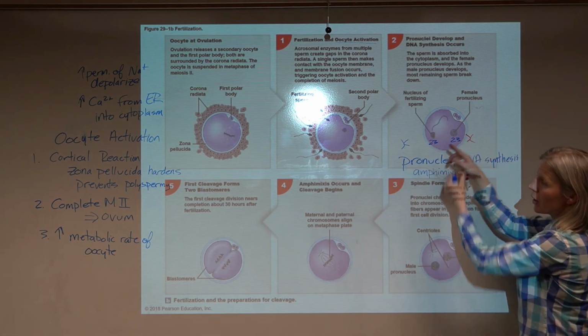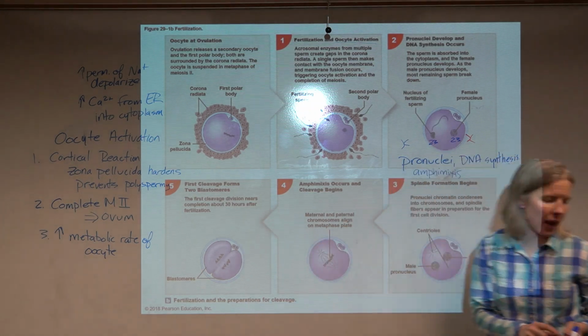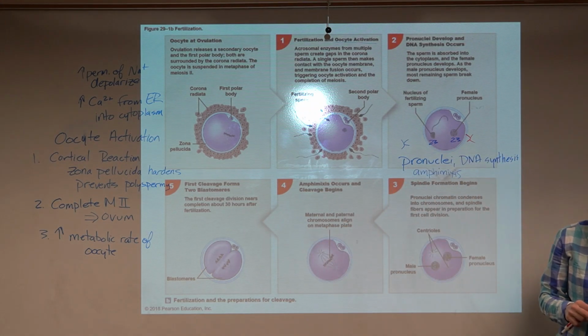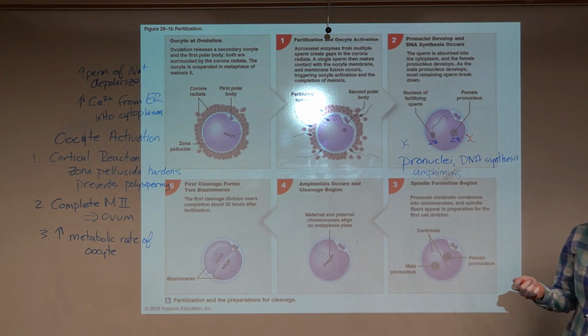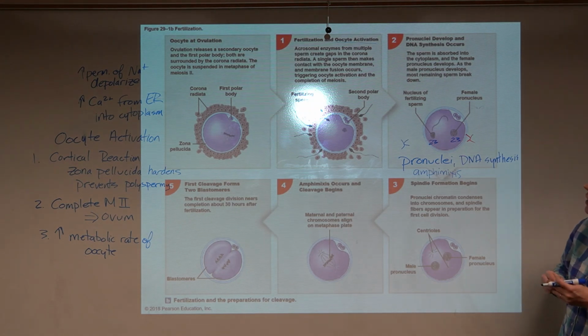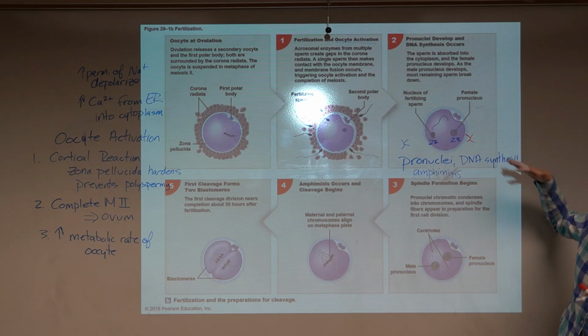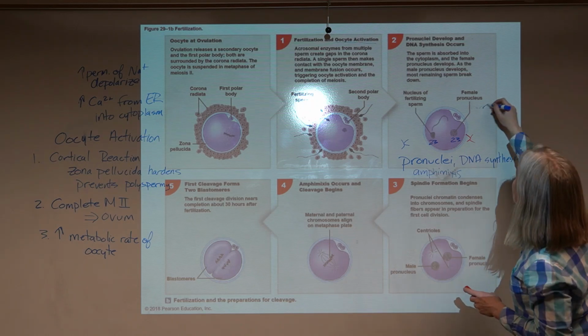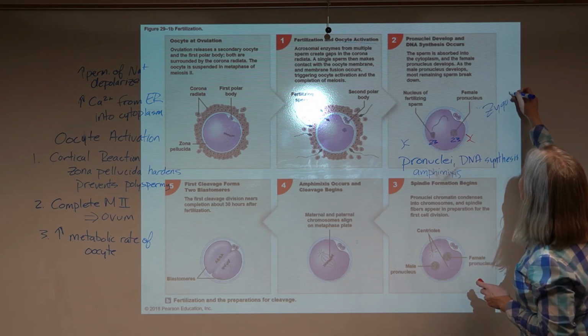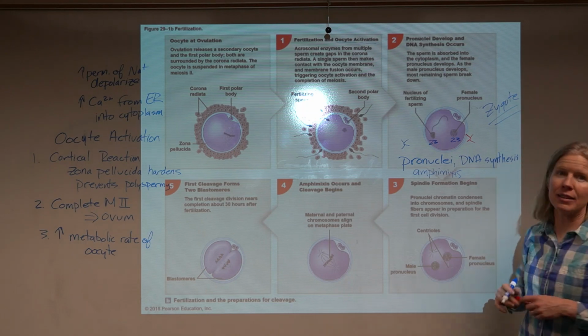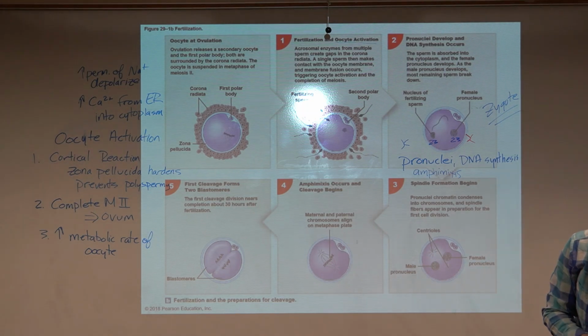We're going to bring those two pronuclei together. So they mix together, they join. From there, we're just going to start undergoing mitosis, right? At this point, we have now a zygote, a new human, right? That zygote, that fertilized cell.